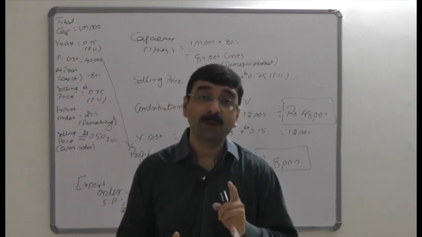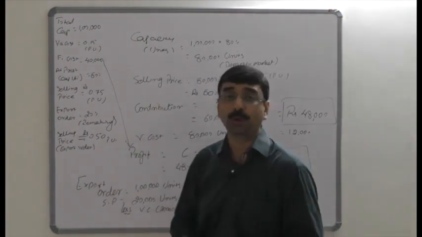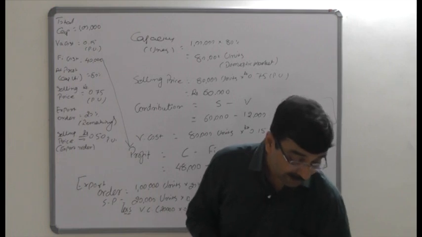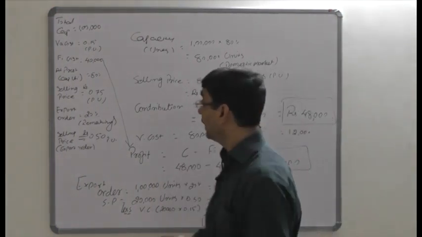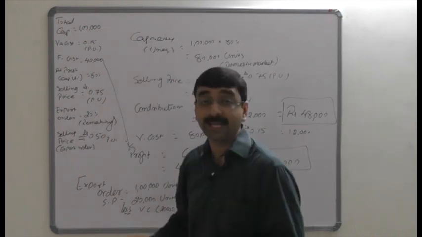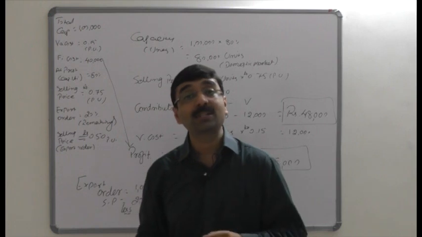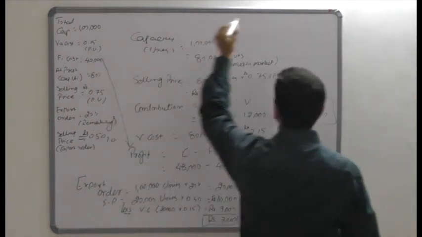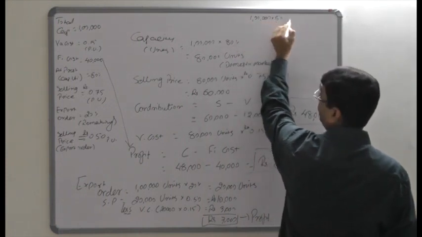But if the domestic price is also going to change because of the export order, then the position would be reversed. In this case, the whole 1 lakh units you need to sell at the price of 50 paisa, so your sales would be 1 lakh units into 50 paisa.